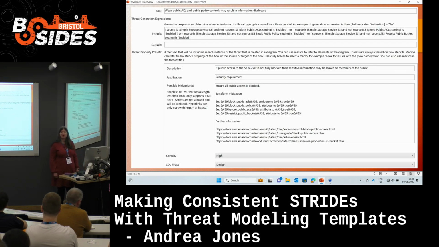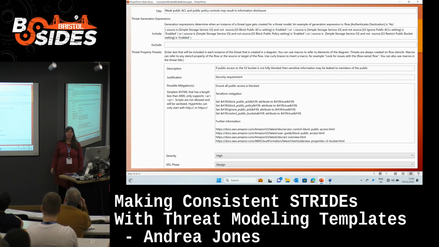And here's an example of some threat details entered for that particular threat. There's a name for the threat at the top, and you see all the brackets and OR statements around those various properties that have been set to do the test. And then here is the mitigation. The threat modelling tool does encode apostrophes and things for you, so you have to live with that.